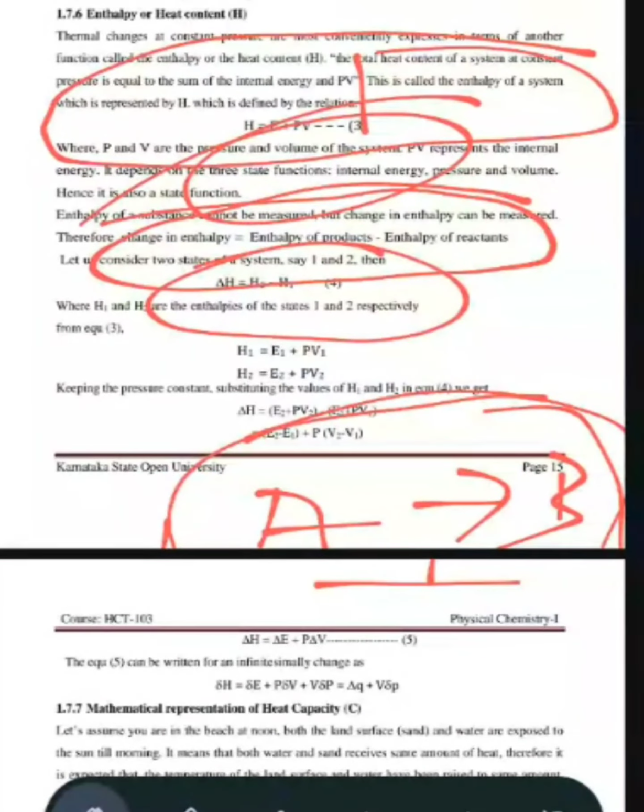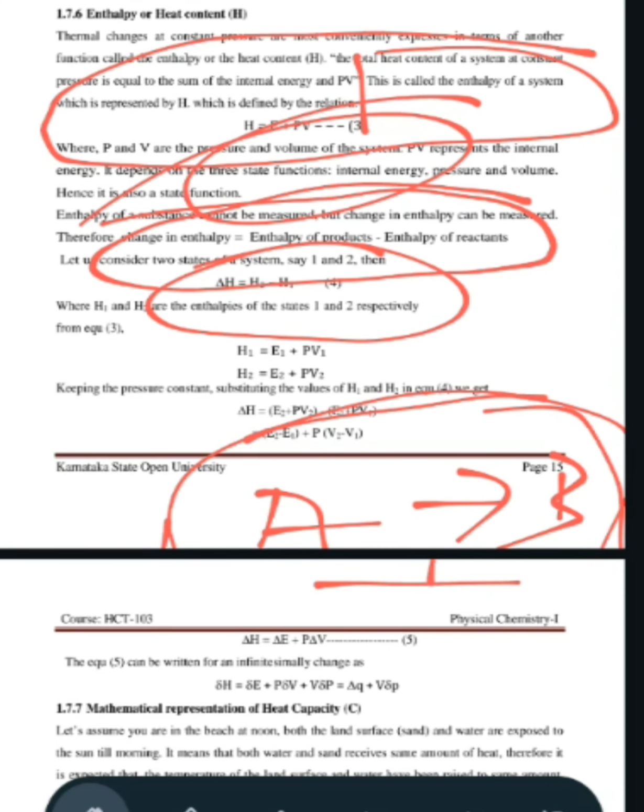To calculate the enthalpy, I need the internal energy of the system and the product of its pressure and volume. So delta H is equal to H2 minus H1, where H1 and H2 are the enthalpies of state 1 and state 2 of the system, from the reactant to the product.